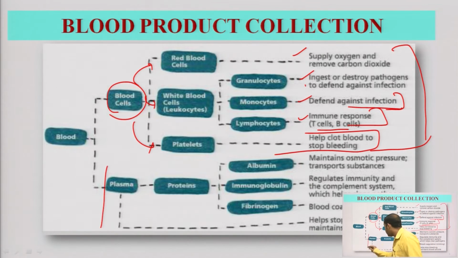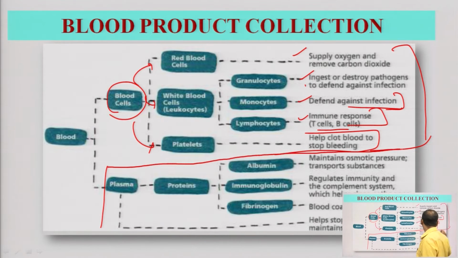And plasma, the most important, does lots of work, as lots of proteins are present in plasma, like albumin, immunoglobulin, fibrinogen. Albumin maintains the osmotic pressure and also transports various kinds of substances. Immunoglobulins regulate immunity, and the complement system helps clear the pathogen.